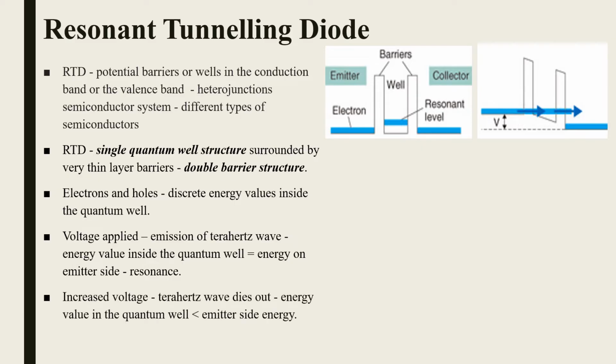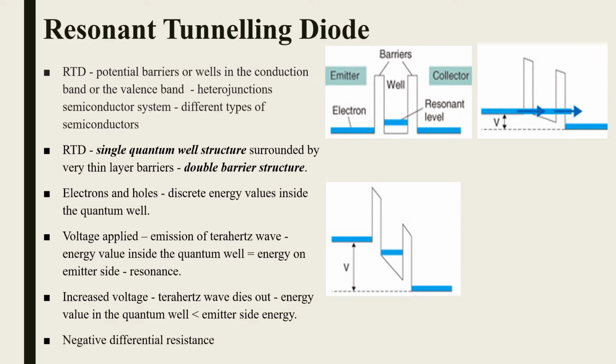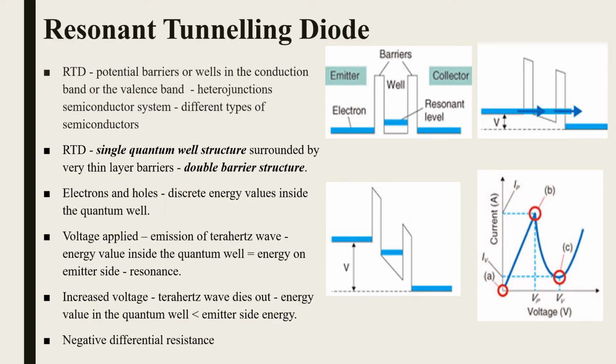As voltage is increased, the terahertz wave dies out and the energy value in the quantum well is outside the emitter side energy. Another feature seen in RTD structures is the negative differential resistance on the application of a bias.